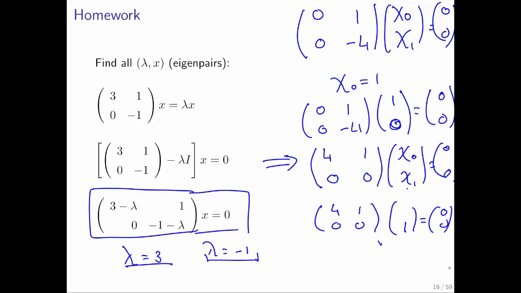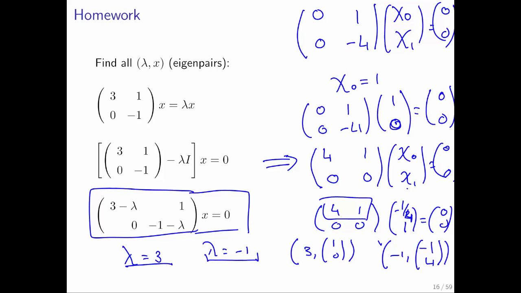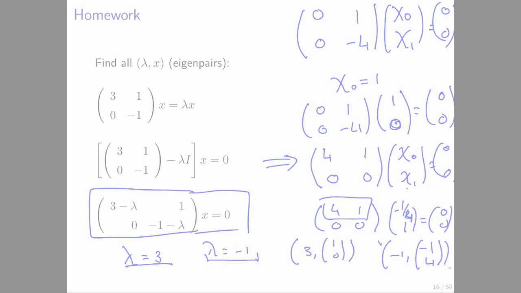And if you then look at this right here, it's not hard to see that -1/4 works, and what you get are the eigenpairs, let's see, 3, 1, 0, and -1. And the scalar multiple of that is also an eigenvector, and therefore why don't we instead pick -1, 4 for our eigenpair. That's just a nicer vector because it only involves integers.